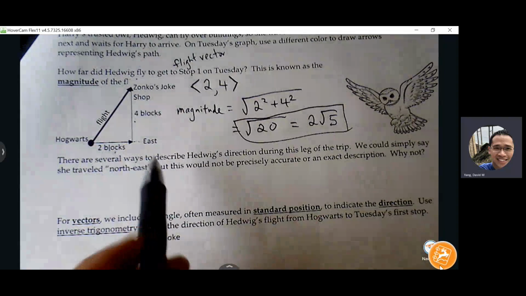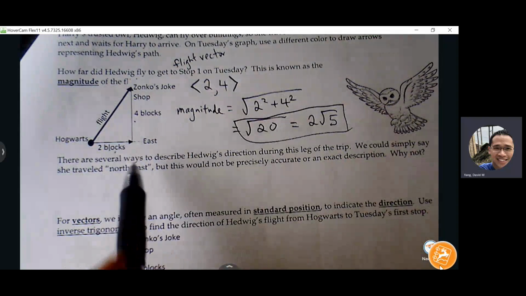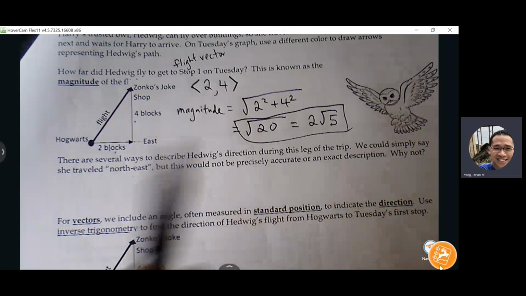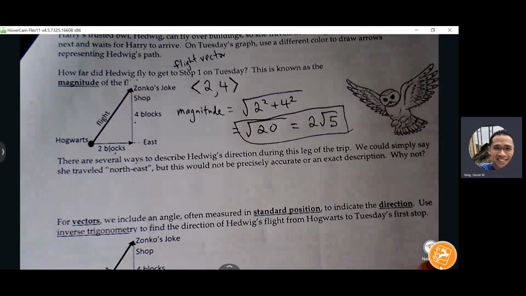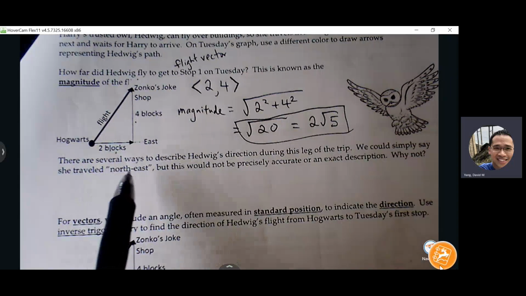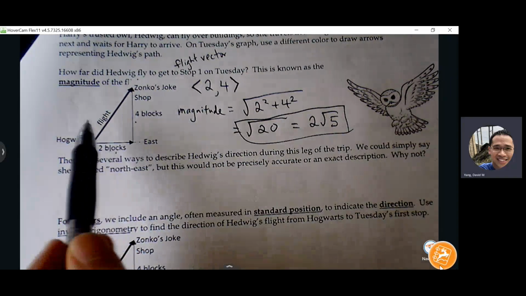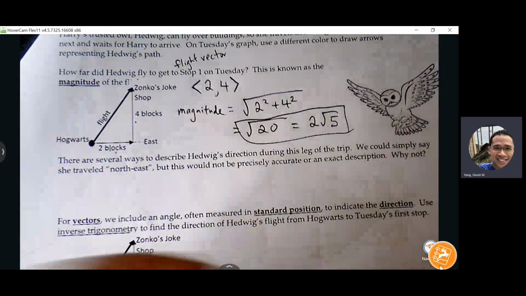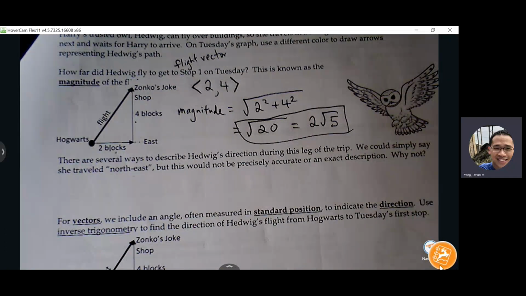There are several ways to describe Hedwig's direction. We could simply say she traveled northeast, but this is not as precise or accurate a description simply because northeast can be interpreted different ways. It could be 45 degrees, it could be anything between 0 and 90 degrees, right? It's very imprecise.